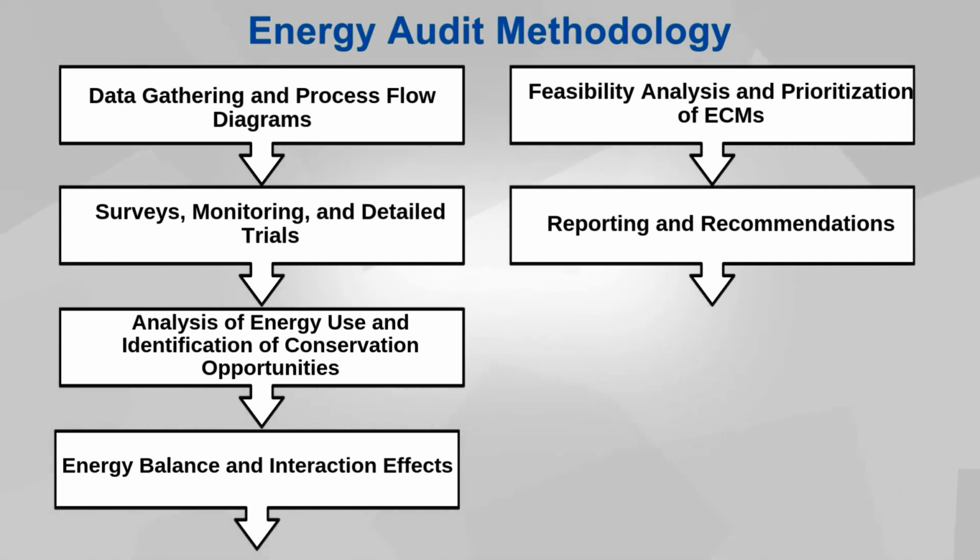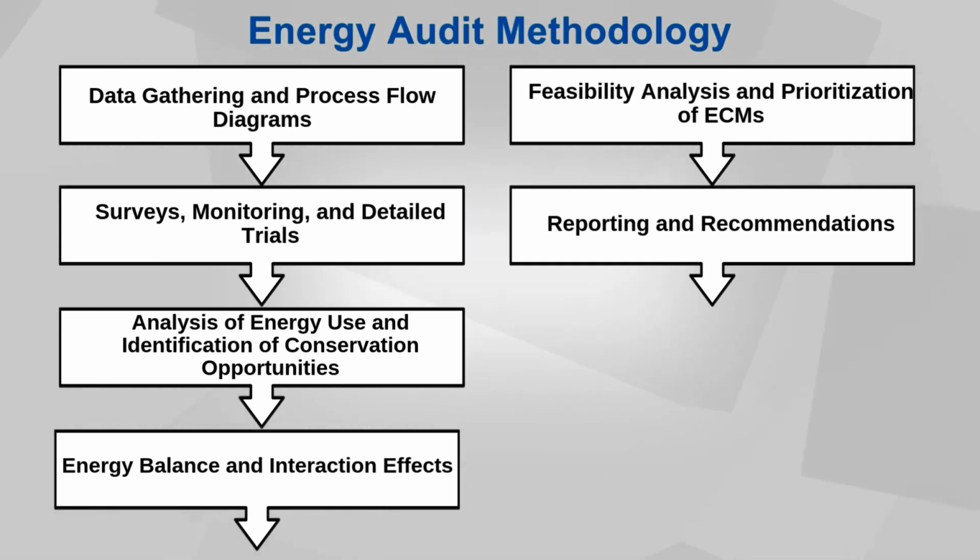Next step is analysis of energy use and identification of conservation opportunities. The collected data is thoroughly analyzed to identify patterns, trends, and anomalies in energy consumption. The audit team examines the efficiency of various energy consuming systems such as HVAC, lighting, production processes, and building envelope.